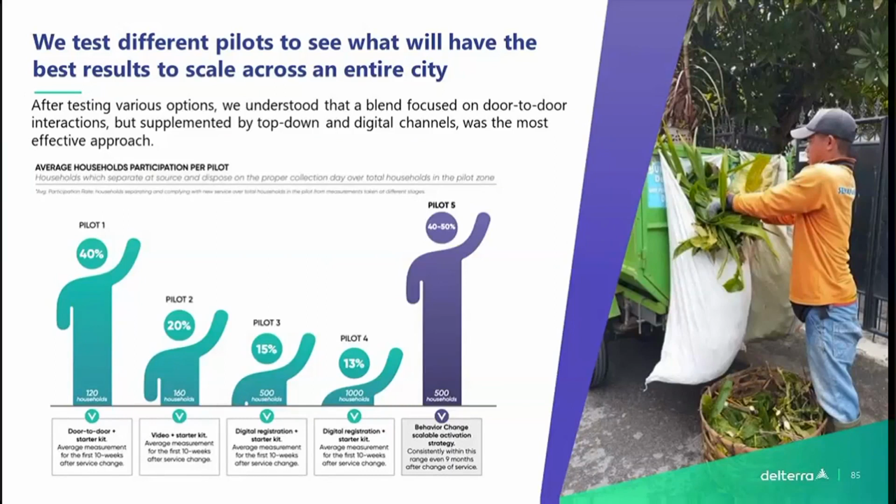In this city, it was important that we choose that model, and then we linked this concept with interventions and tested different pilots to see what would have the best results to scale across the city.